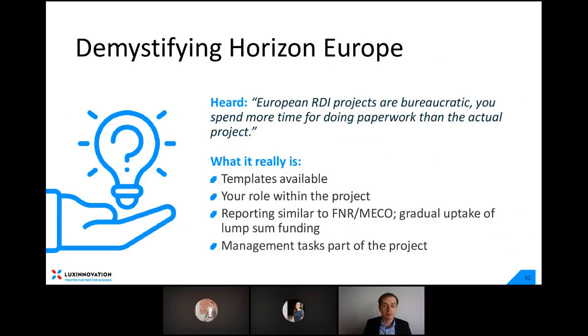Continuing on this scheme of demystifying some urban legends that you might have heard, let's say, that the programs are very bureaucratic, and you spend more time on the reporting than you spend on the actual project. I think that's not necessarily true when you really look at the data. First of all, we are there to help you, but there's also other support available.